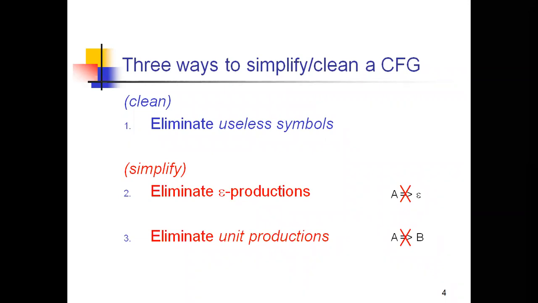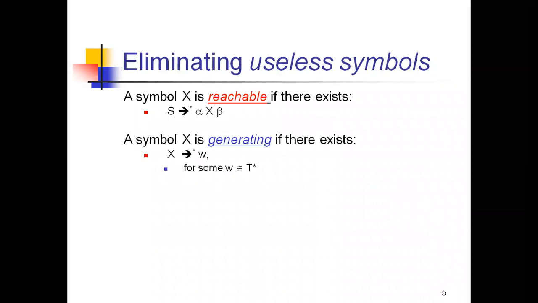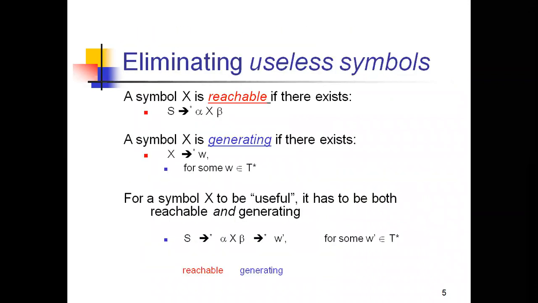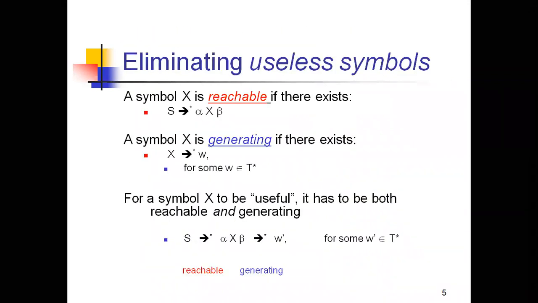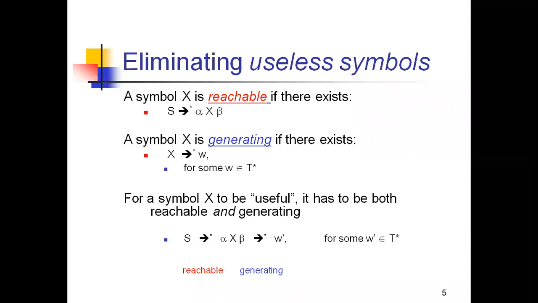Now, to clean the context free grammar, let's see how to eliminate the useless symbols. How do we identify the useless symbols in a given grammar? A symbol x is reachable if there exists a production like S tends to alpha x beta.